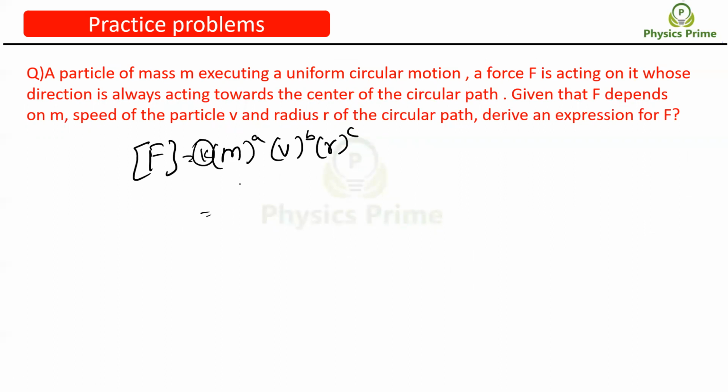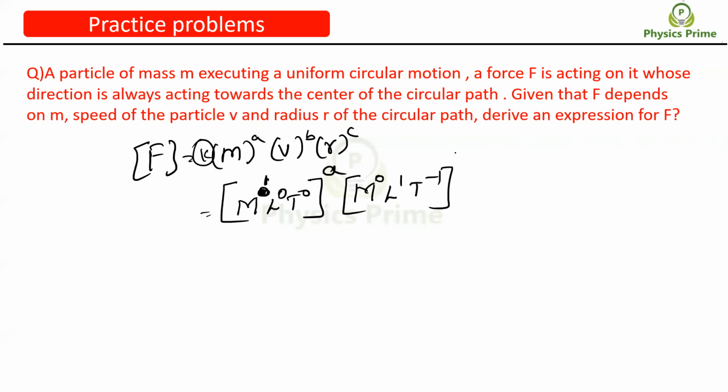Mass dimension is M power 1, L power 0, T power 0, power A. Velocity dimension is M power 0, L power 1, T power minus 1, power B. Radius is nothing but length: M power 0, L power 1, T power 0, power C.